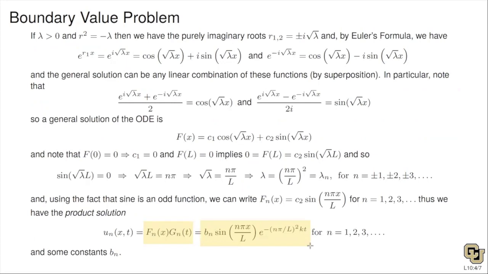Superposition applies to each single one, so any scalar multiple of each would be a solution, but superposition applies to all of them as well. Any linear combination of all of them would also be a solution. So these B sub n's don't all have to be the same, and in fact, that's the only place we have any variation.